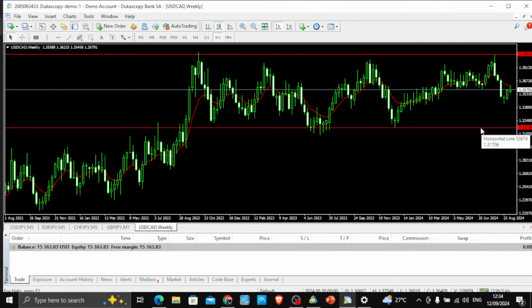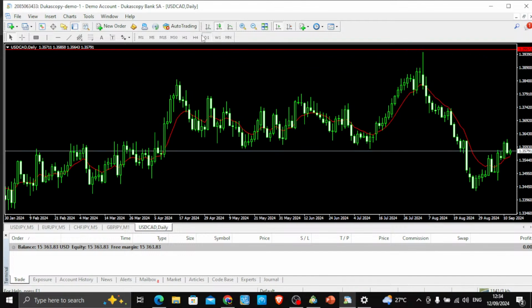So on weekly, we only look for buying opportunities now, because after a neutral candle and indecision bridge, look at the next one, which is a confirmation of uptrend.